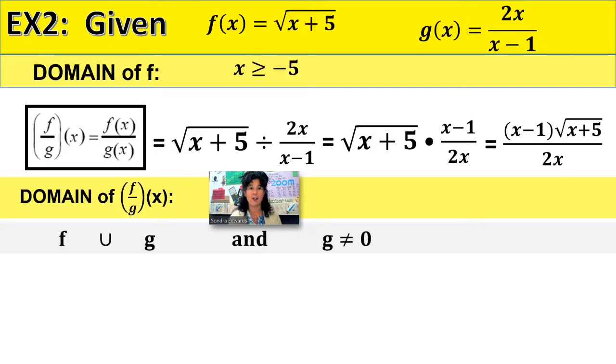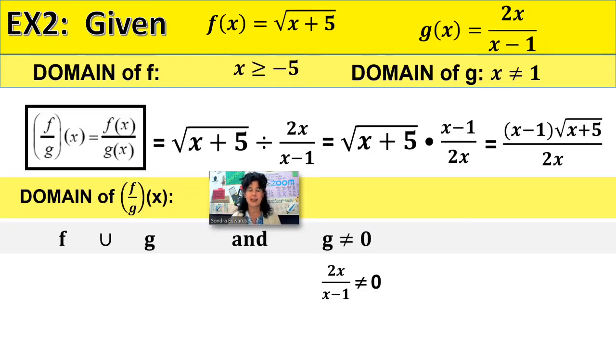Reminder, we already found the domain of f, and that was our numbers needed to be -5 or bigger. We found the domain of g. We cannot use the number 1 there, but now let's focus on making sure we don't pick an x that makes the function we're dividing by equal to 0.